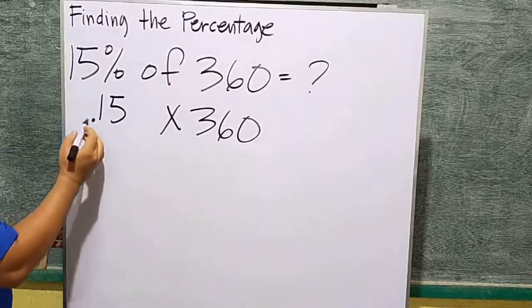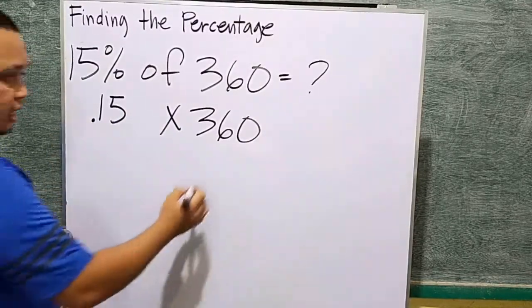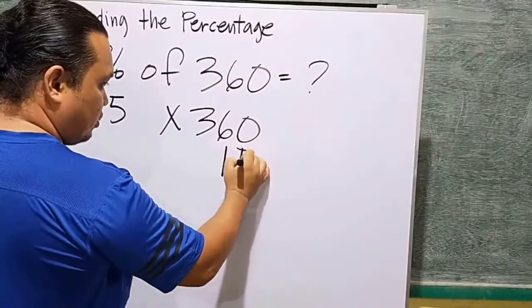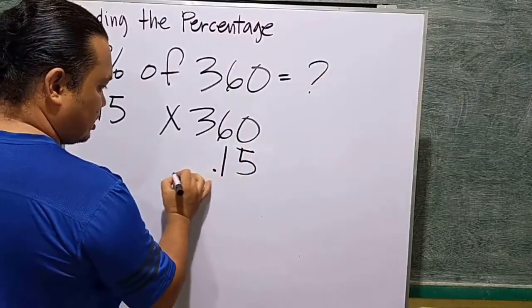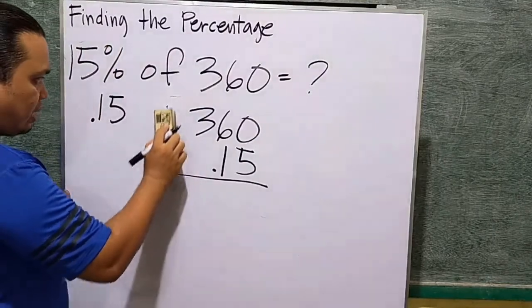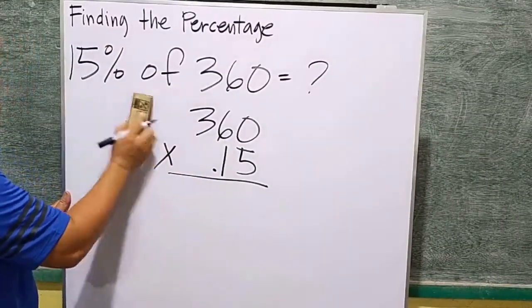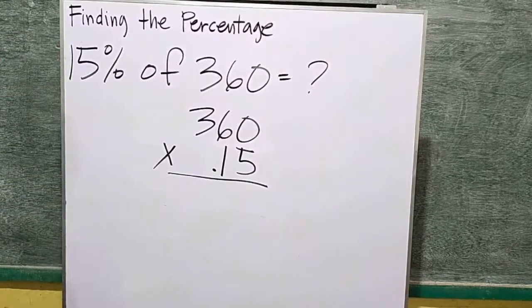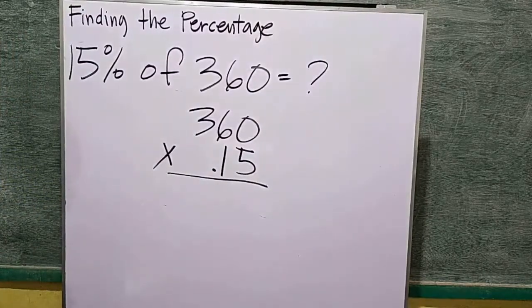So we have 0.15. And let's multiply that to our base. That will be our solution. So 360 times 0.15.